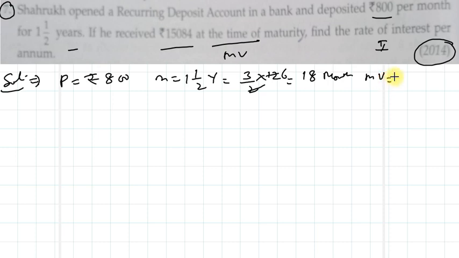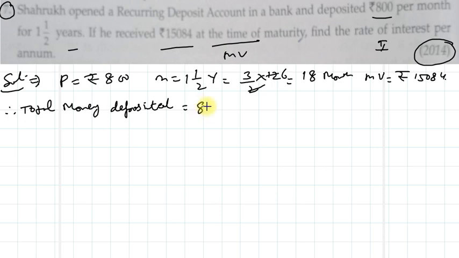Maturity value rupees 15084. So therefore total money deposited equal to 800 is deposited in 1 month.